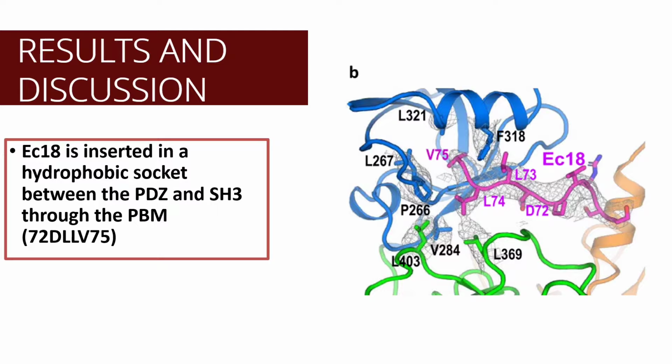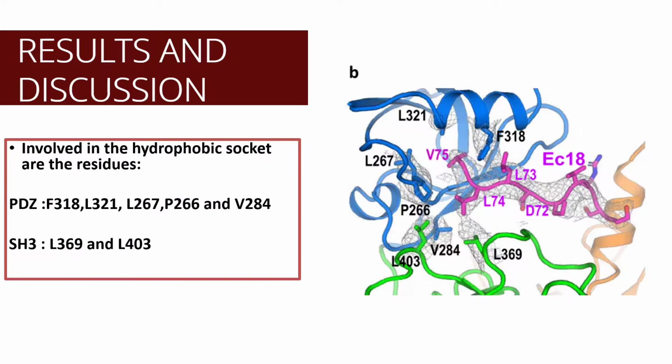Involved in the hydrophobic socket, in the PDZ domain, we have 5 residues: the phenylalanine 318, which is this one. Please follow my cursor. And the leucine 321, the leucine 267, the proline 266, and the valine 284.